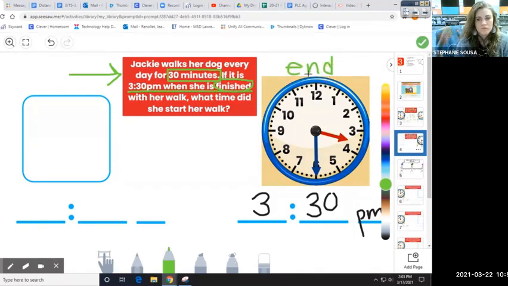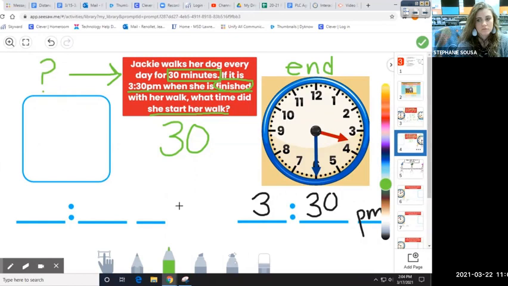It is 3:30 p.m. when she is done with her walk. I know that 30 minutes has passed, and that is the time it took to take her walk. So, what does my problem ask me? It asks me, what time did she start her walk? I don't know what time Jackie started her walk with her dog.